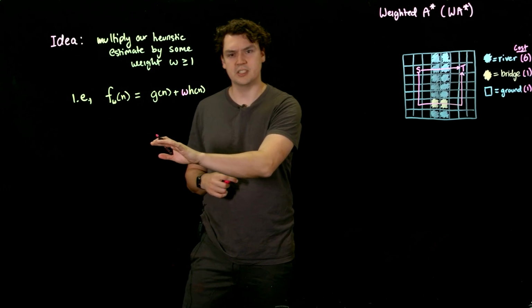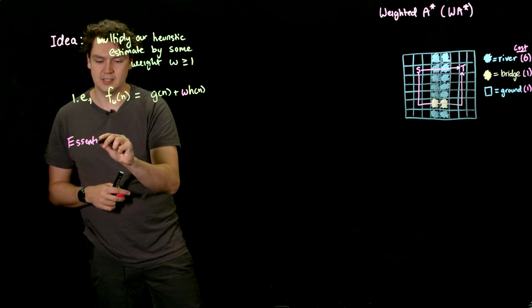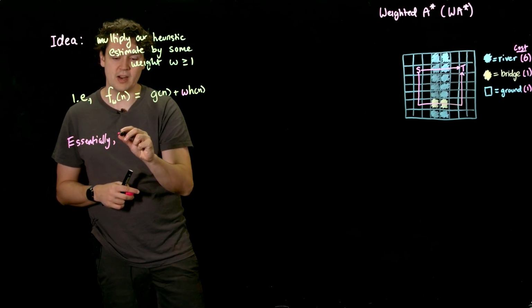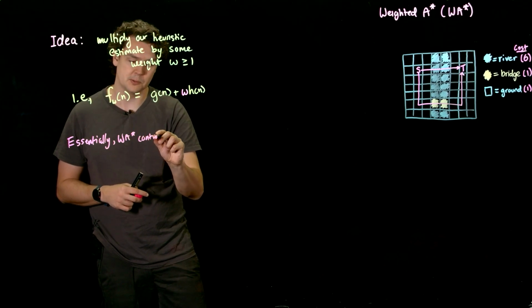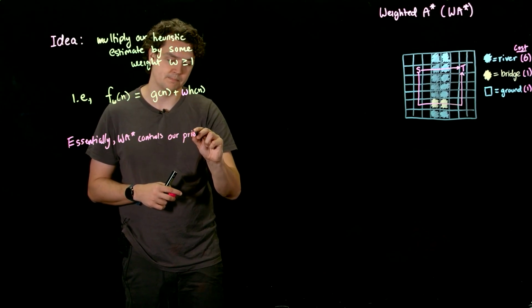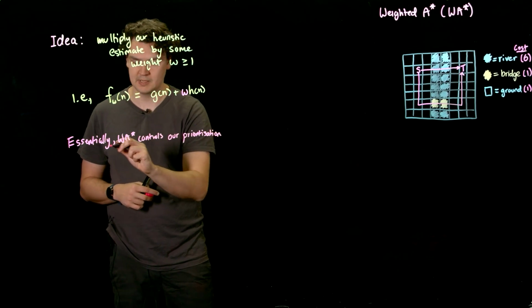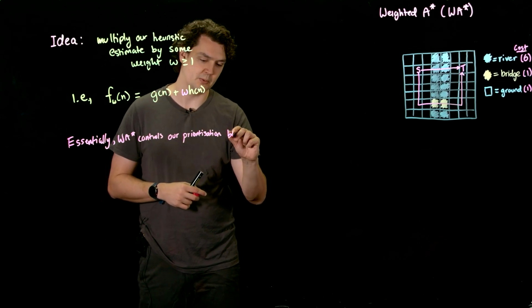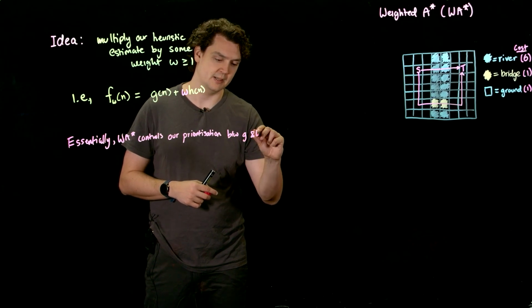What's also interesting in this whole discussion is that weighted A star controls our prioritization between g and h.